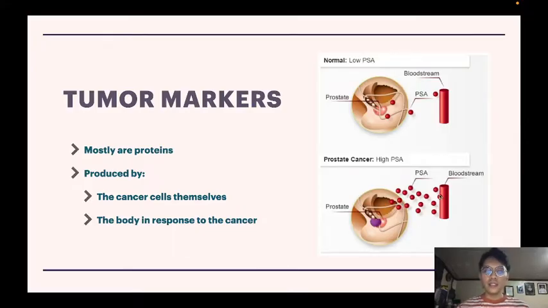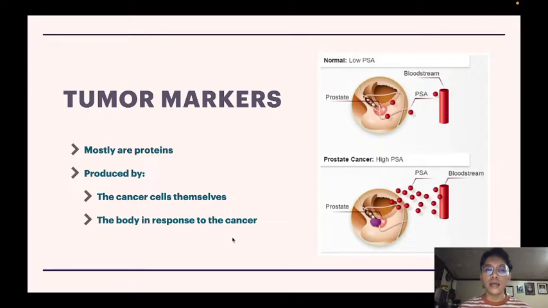So, pag kita mo, 'di ba, test mo ang PSA, tapos low lang ang PSA, sasabihin mo, hindi man, wala man, normal lang, low lang ang PSA. Pero pag test mo, pagka next 2 weeks, hala, increase na ang PSA niya. So you will suspect na the patient has prostate cancer. Kasi 'di ba, the cancer cells themselves will produce the PSA.